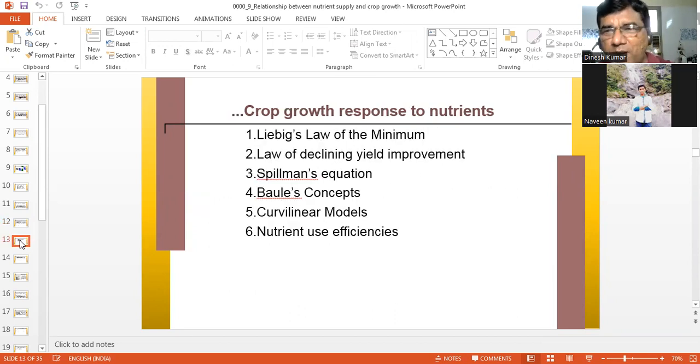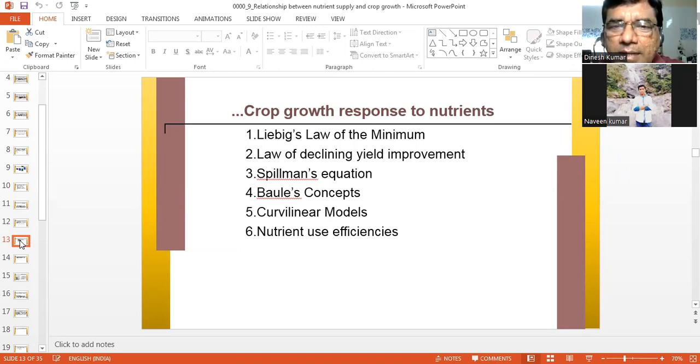Now this is what I wanted to teach you in this lecture. I just made a background, a story, to come to Liebig's law and the law of diminishing return, actually the law of declining yield improvement. Students have studied this law in agrobiology. I don't know whether it was taught to you in principles of crop production.